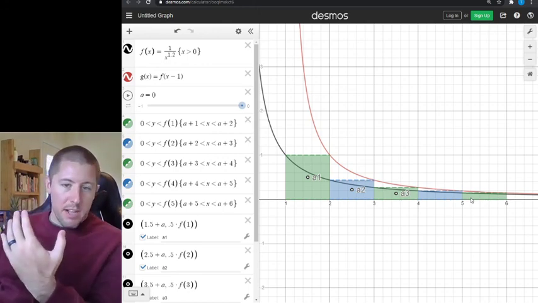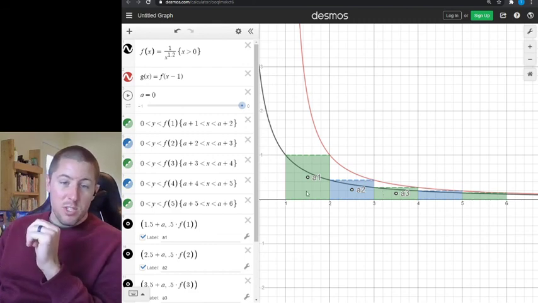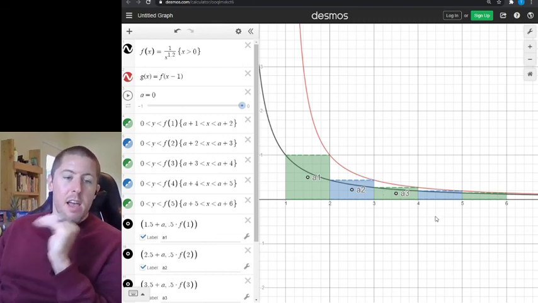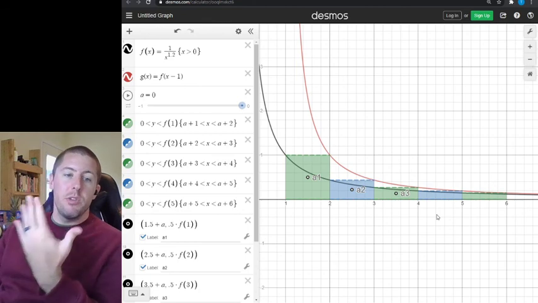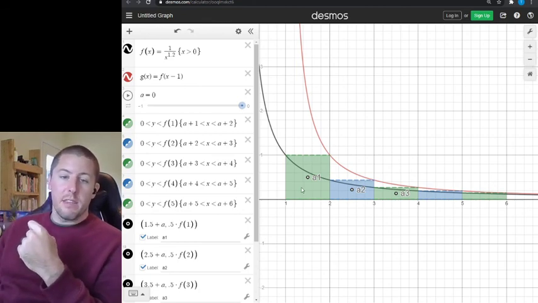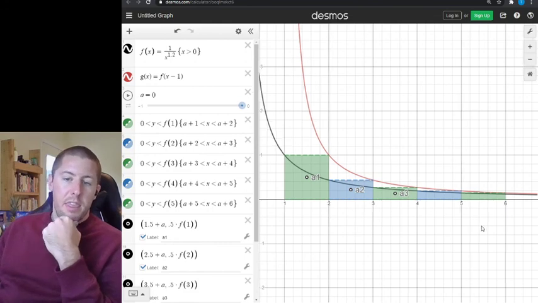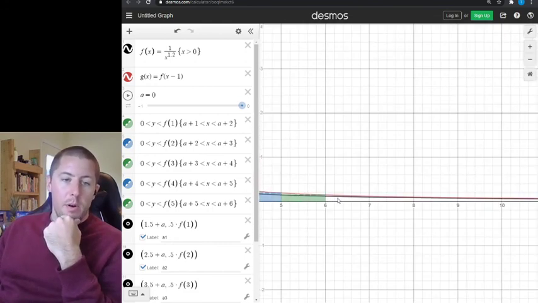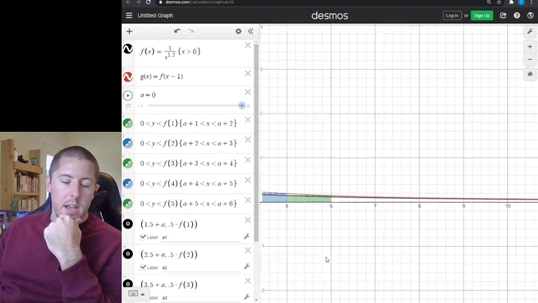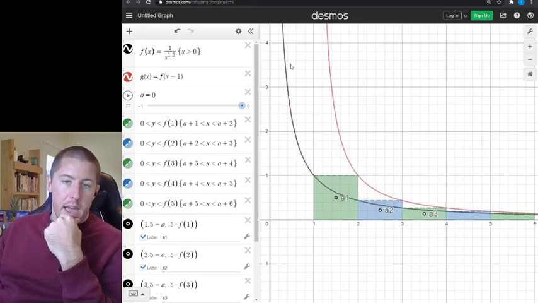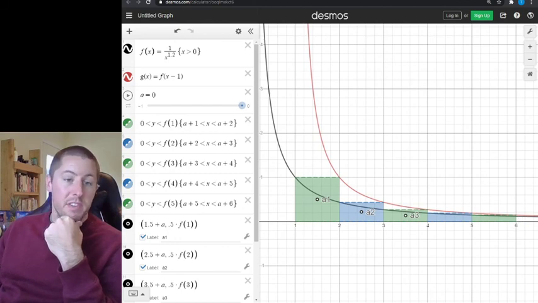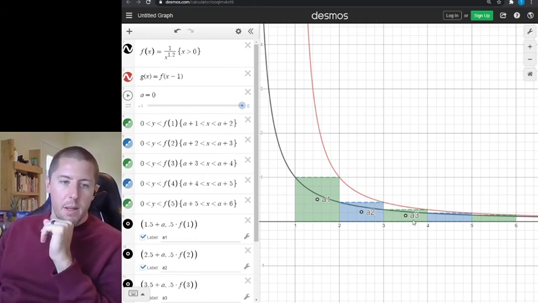But maybe the responsible thing to do is to not estimate the first ones that are the big parts of it out here. Maybe we just add those up directly. So maybe we truly get the first 5 terms of our series, and then we'll know that all the remaining parts that we want to accumulate are going to be more than the area underneath the black curve out there past where we've accumulated, and they will be less than the area underneath the red curve beyond where we've already accumulated out there.